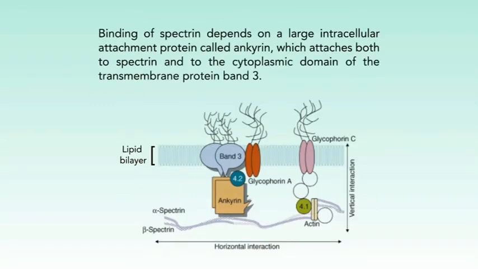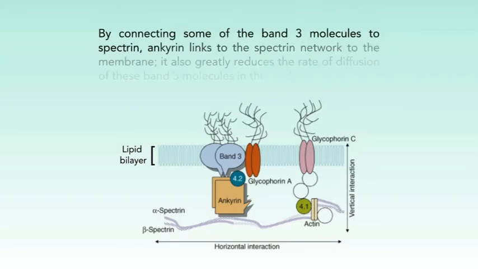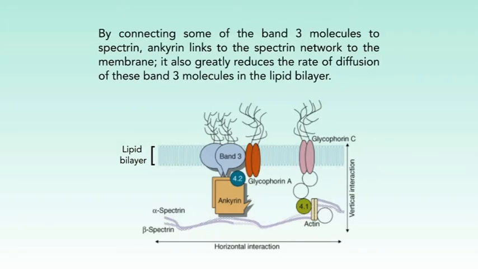Binding of the spectrin depends on a large intracellular attachment protein called ankyrin, which attaches both to spectrin and to the cytoplasmic domain of the transmembrane protein band 3. By connecting some of the band 3 molecules to spectrin, ankyrin links the spectrin network to the membrane. It also greatly reduces the rate of diffusion of these band 3 molecules in the lipid bilayer.